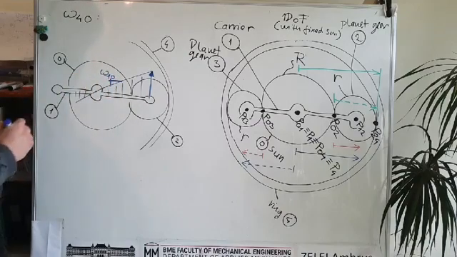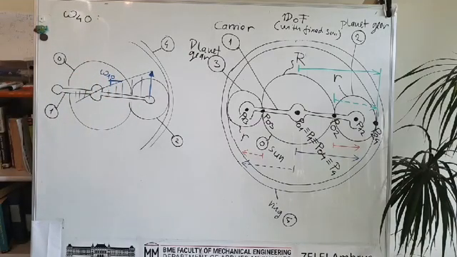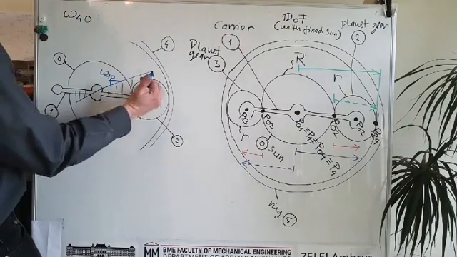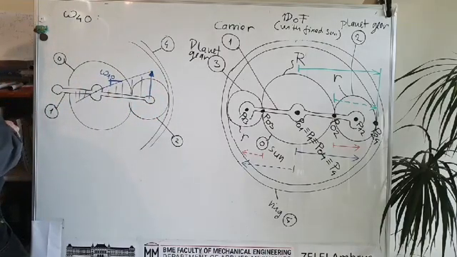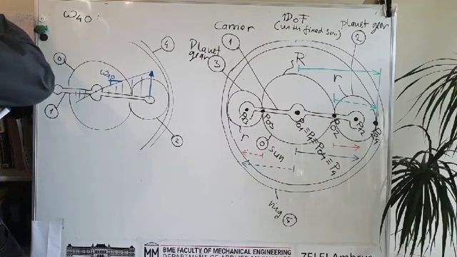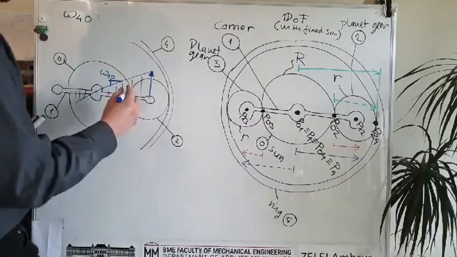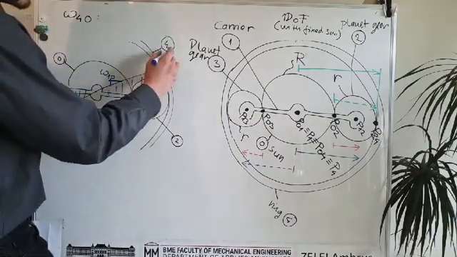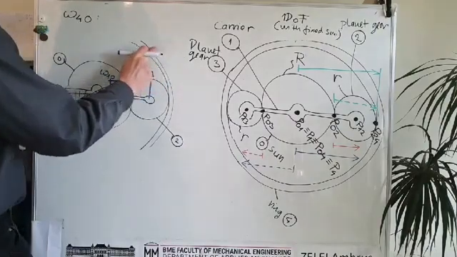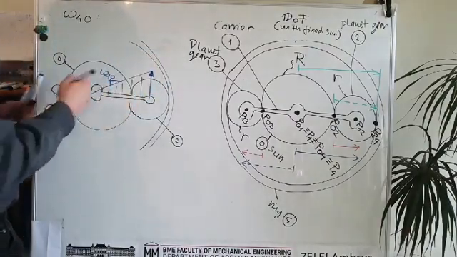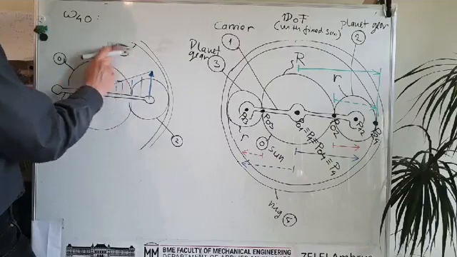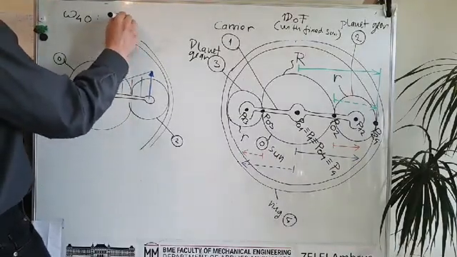And another thing is that if there is the angular velocity compared to the sun of the planet gear, sorry, this is rigid body number 4.